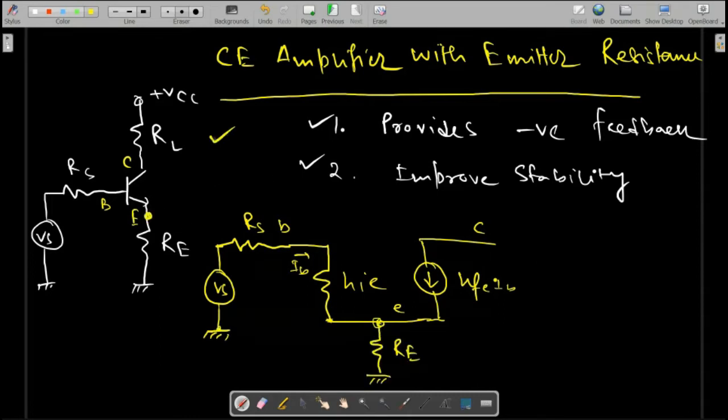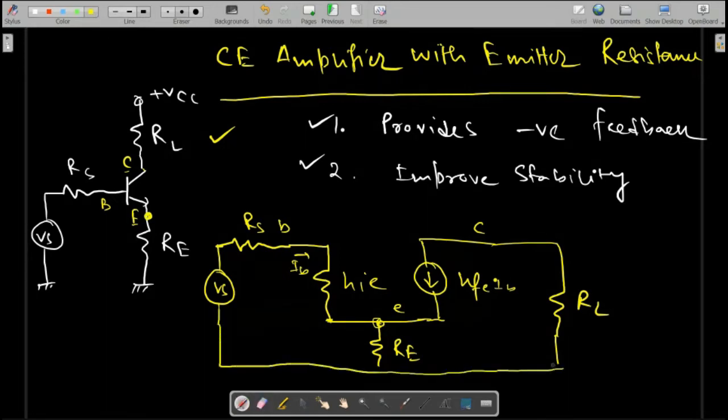And RL, the load, is connected between collector and VCC. So this is RL. All three grounds you can connect together if you want to draw it; both are correct, no problem. You can erase the individual grounds and connect them together like this. That is also okay.